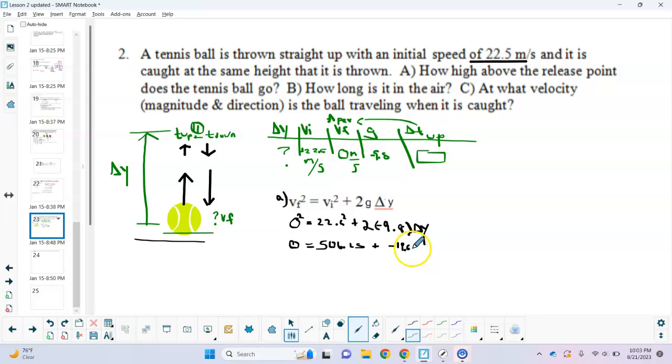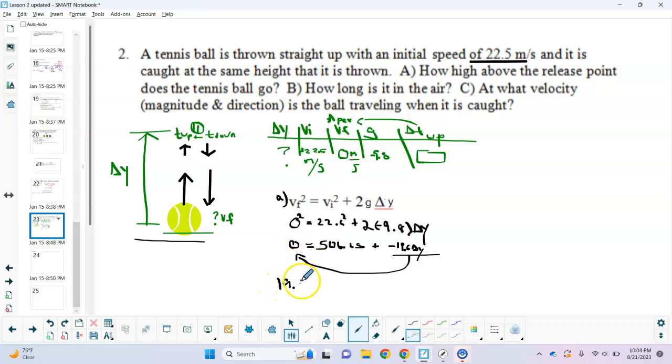This is where some people get into some algebra trouble. They try to combine 506.25 and negative 19.6 and say that delta y is the sum of those two. That is not how it works. This is multiplied together. That is one term. So you can't just subtract off the 19.6 or combine it with the 506. You have to take it to the other side and do the rest of the algebra.